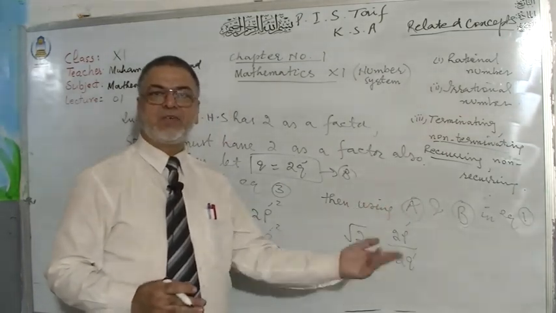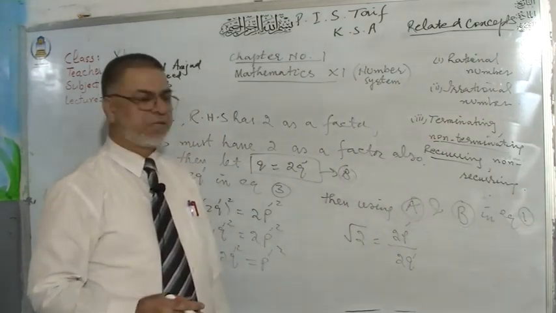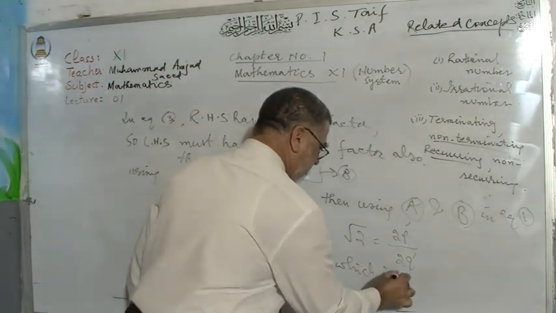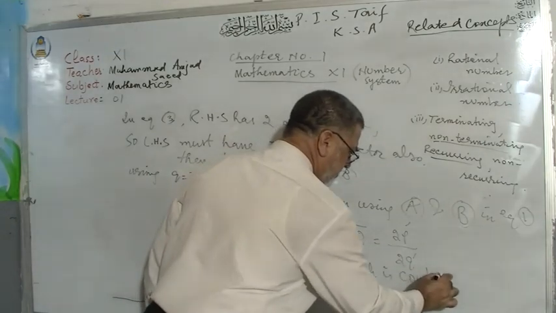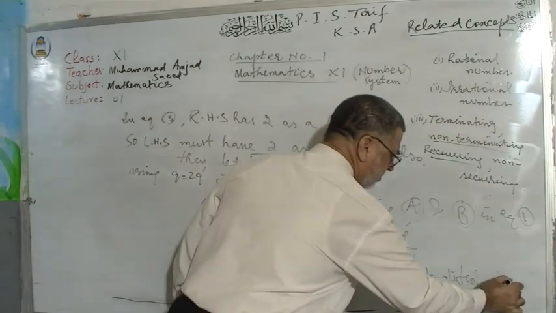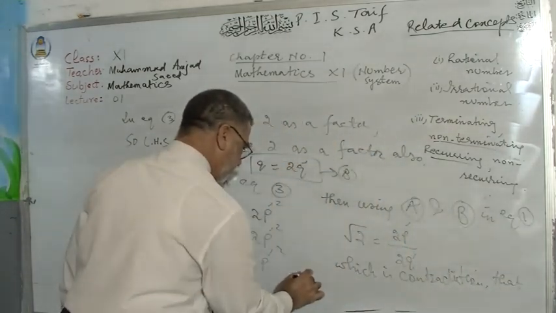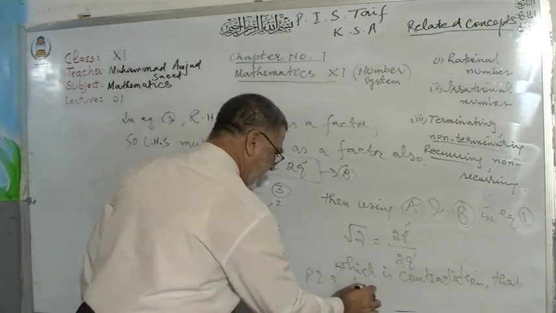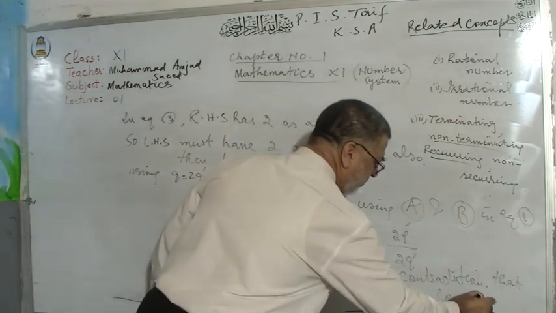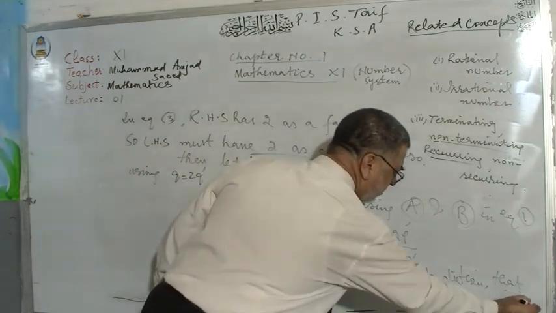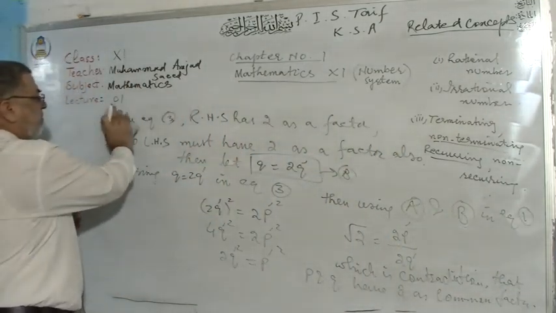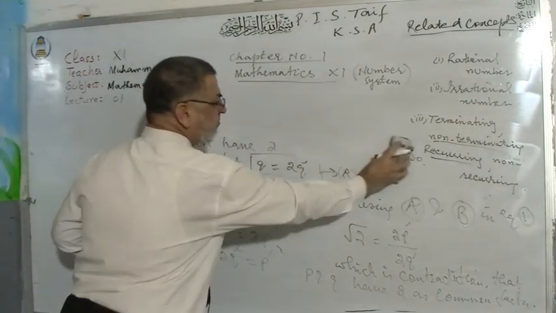Both have 2 as a common factor. Hence, our supposition is wrong.